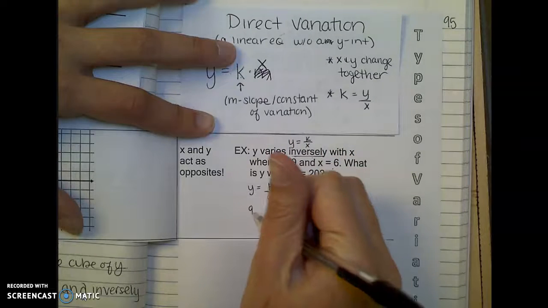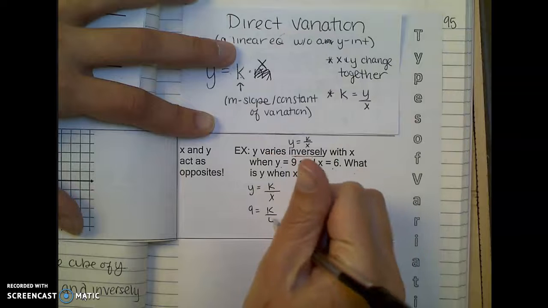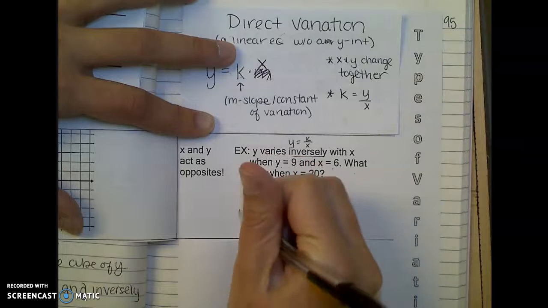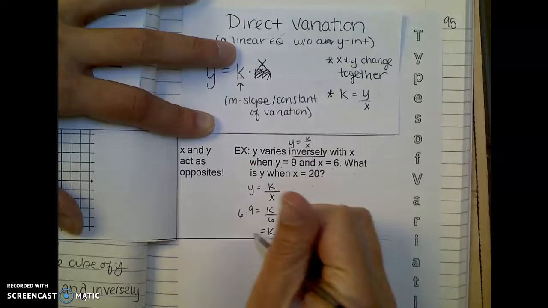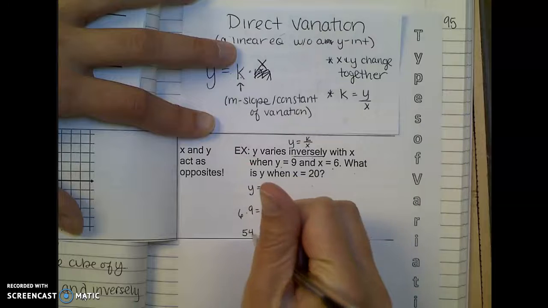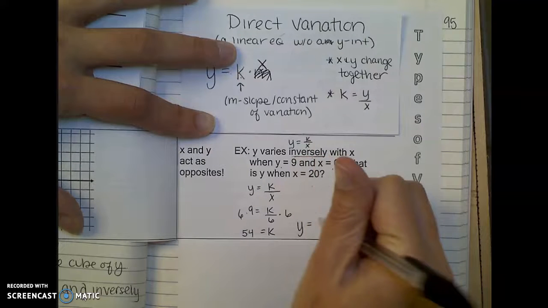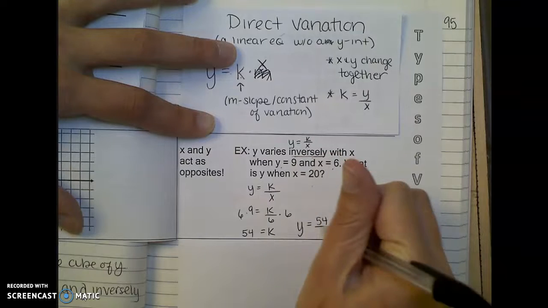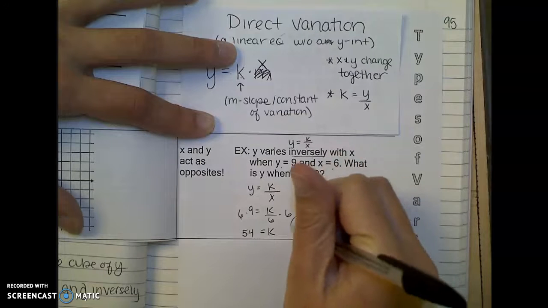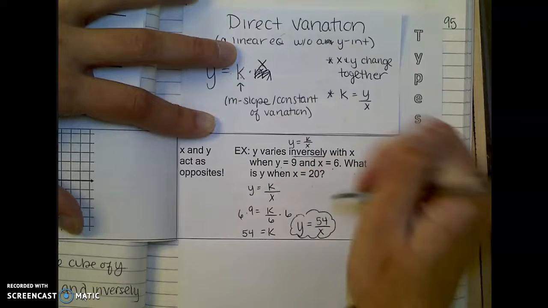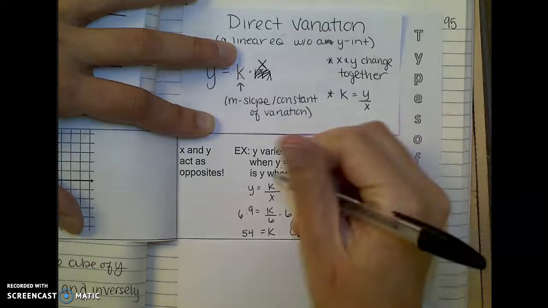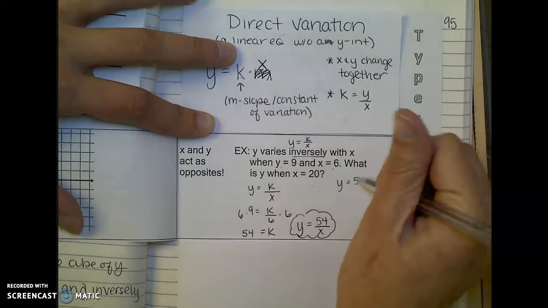I plug in 9 and 6 and times by 6 both sides so that I can find k to be 54, which then allows me to write my equation y equals 54 over x. That will help me to be able to find values of y when I know x.